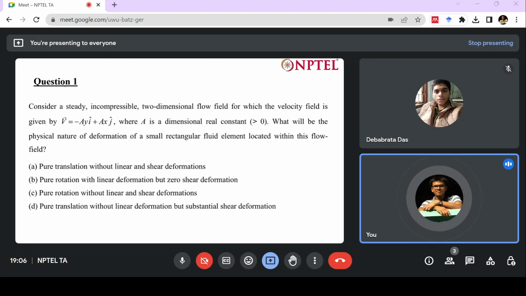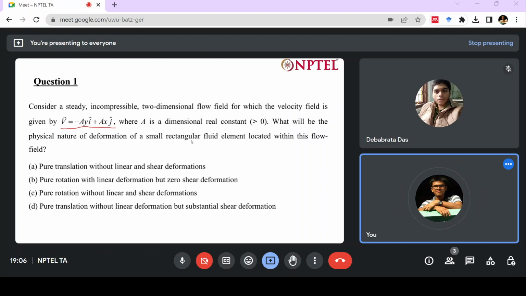Here we are given a velocity field. A is a constant. What is asked is what will be the physical nature of deformation of a small rectangular fluid element located within this flow field.